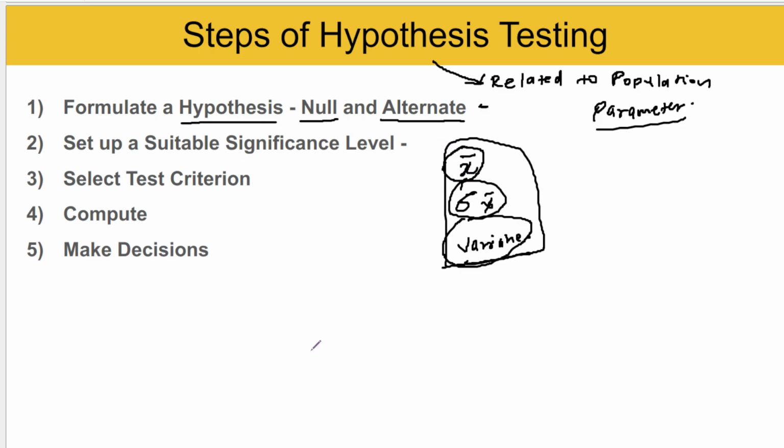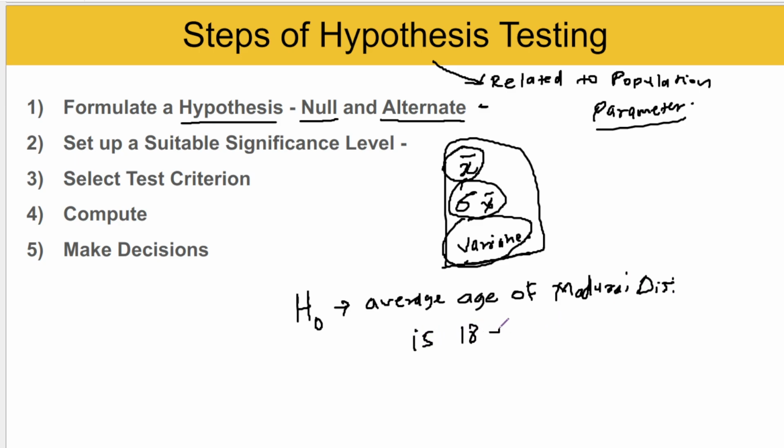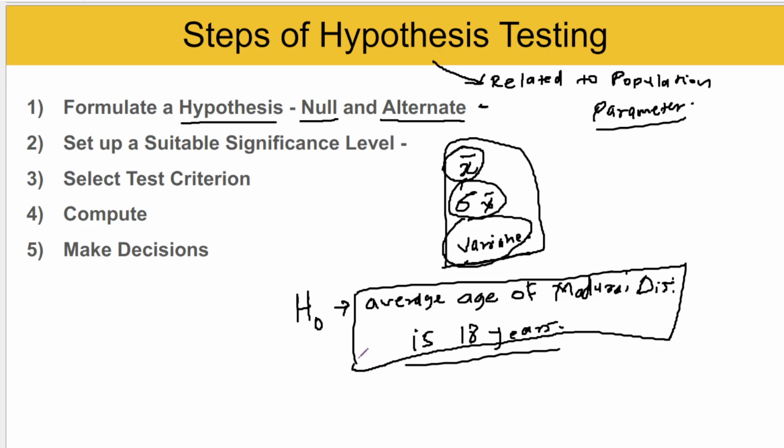Mainly we will deal with the mean or average. So my null hypothesis, which is also called H0, is that the average age of Madurai district is 18 years. This can be my null hypothesis.